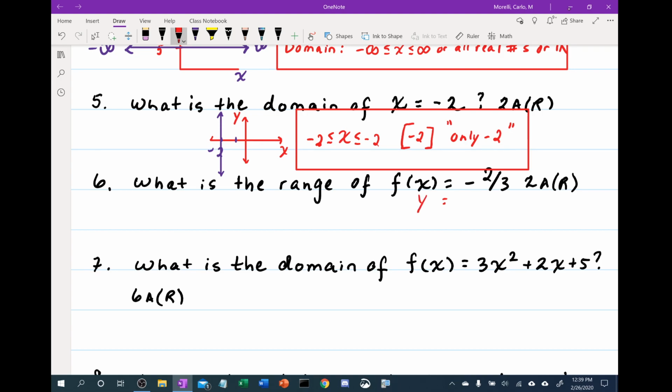y equals negative 2/3, or you could say y equals negative 0.6 repeating. This means that there's going to be a flat horizontal line going through negative 2/3 on the y-axis.